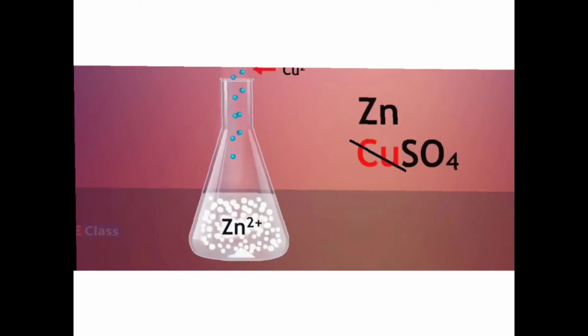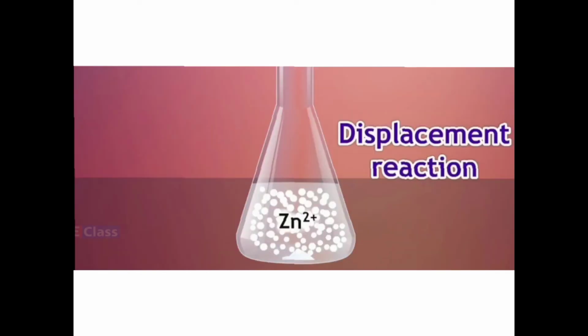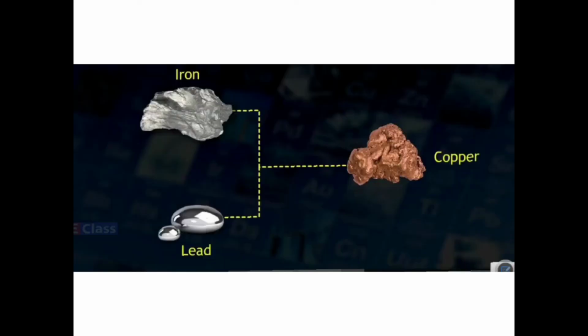and it is called the displacement reaction. So in the reaction, copper is getting displaced by the zinc and we are getting the zinc sulfate solution. Here the ion of less reactive element in a compound is taken by the more reactive element by the formation of its own ion, and hence it is called the displacement reaction.